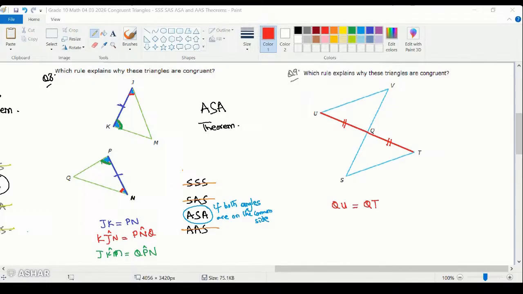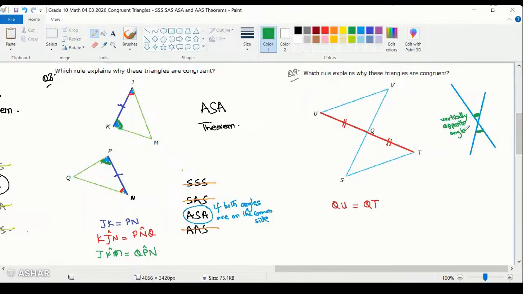Do we have any other information? We know that whenever two lines are intersecting each other, then we can say that this angle would be equals to this angle, and these two angles are vertical angles or vertically opposite angles.